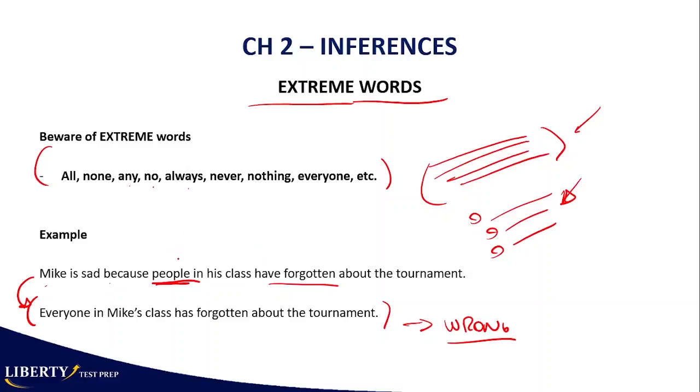It might be that out of 10 people, 3 forgot, or most of them, let's say 8 forgot. But it doesn't have to be all of them. So here in the answer, they are assuming that it's everyone. They are adding extreme words when the statement originally didn't contain extreme words.